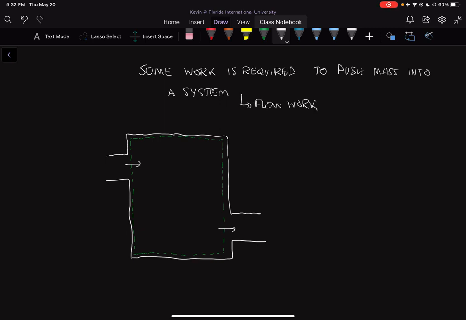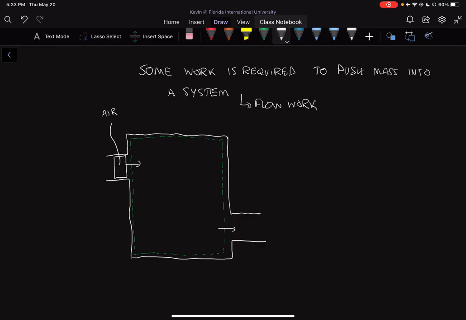So let's look at what this means. Let's imagine that we have a block of air, and this could be air or it could be any fluid. This is going to be air for our example. And this block of air needs to be pushed into our system.